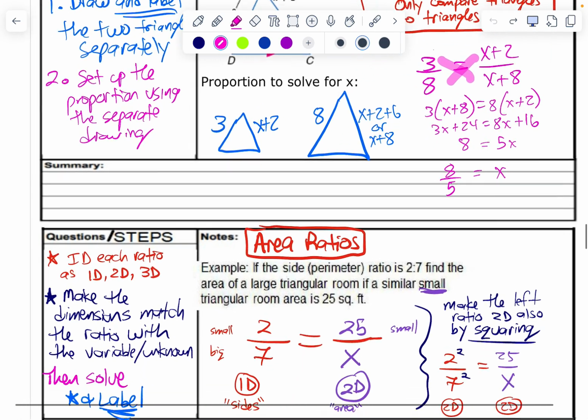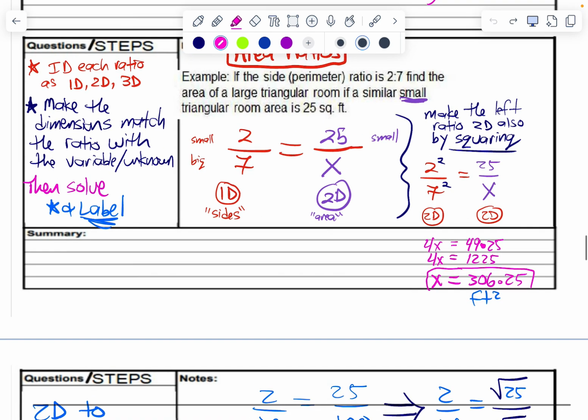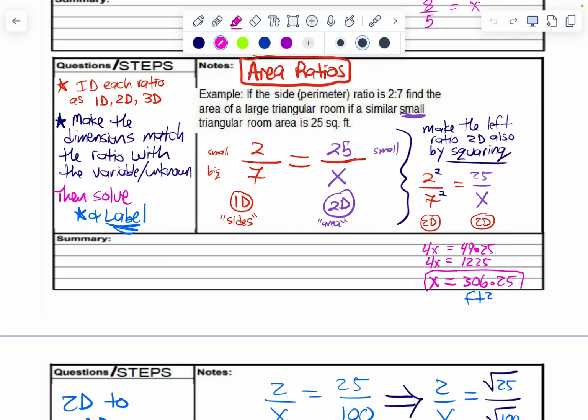That took us through the first few days, and then on Wednesday we did that activity with the blocks, trying to figure out the relationship between ratios of 1D lengths and 2D areas. And so remember our goal, we had to set up a valid ratio that would be mismatched in its dimensions.